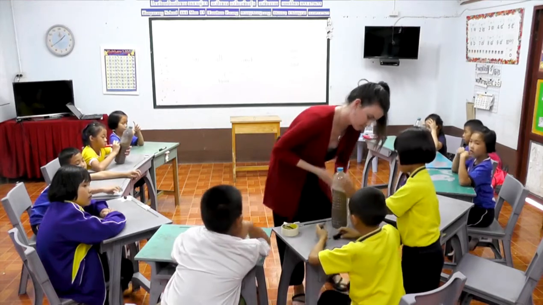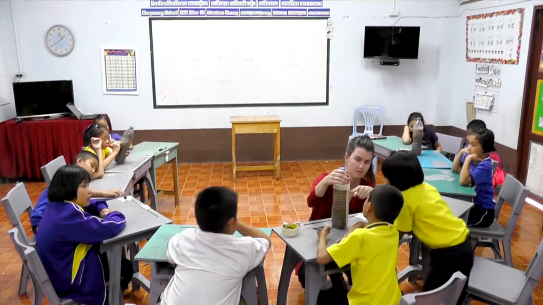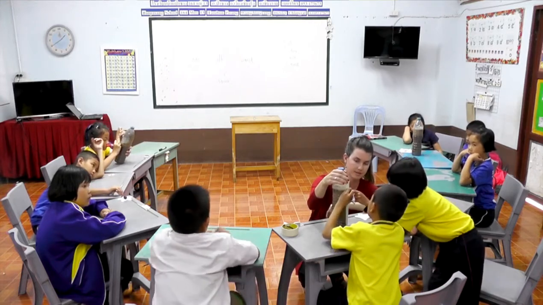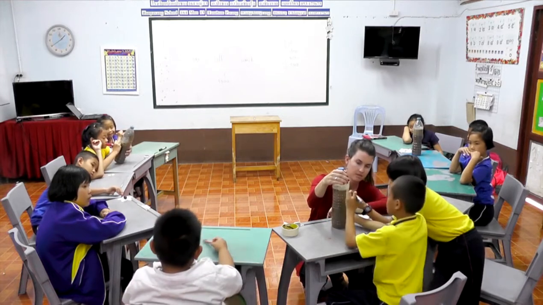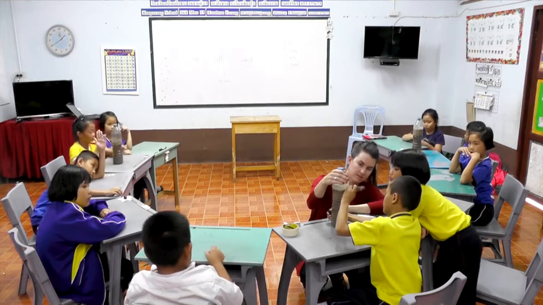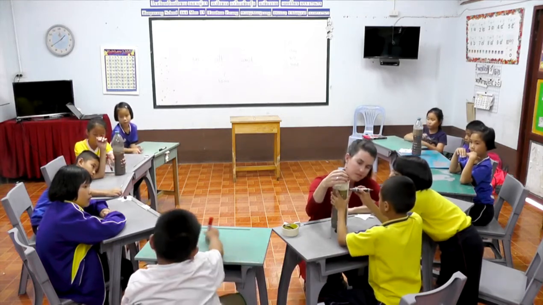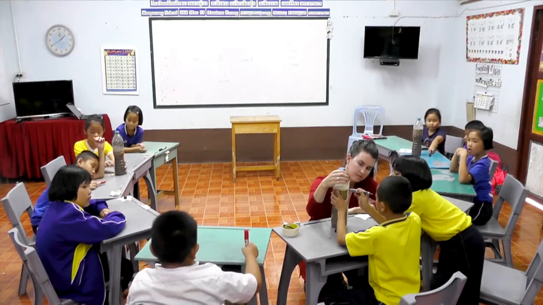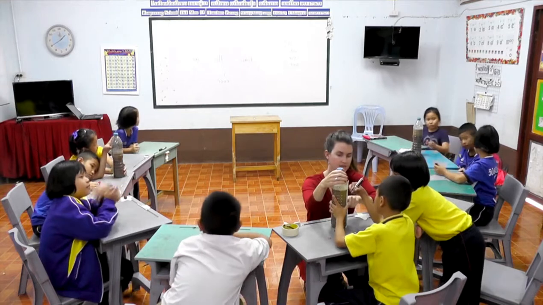So take your marker, put a line right here where your water starts. Because that's where our water is. And you're going to do a line where your water stops.